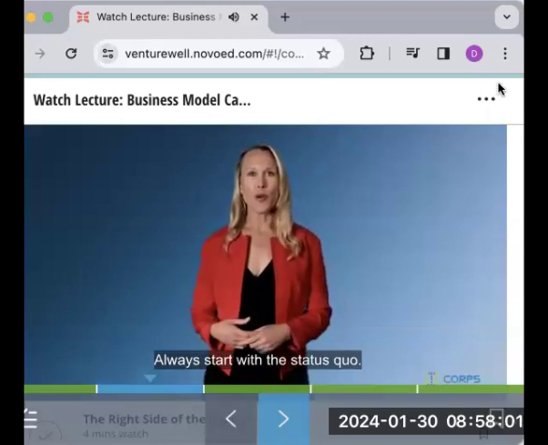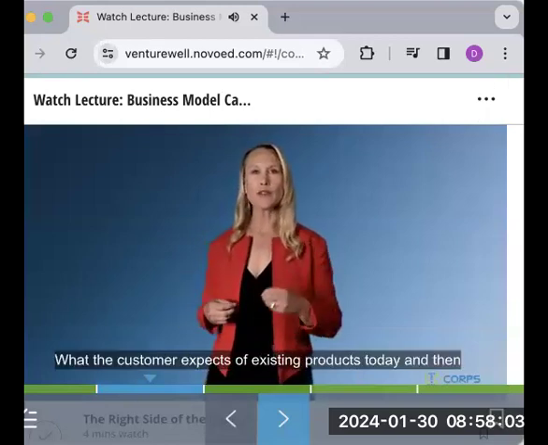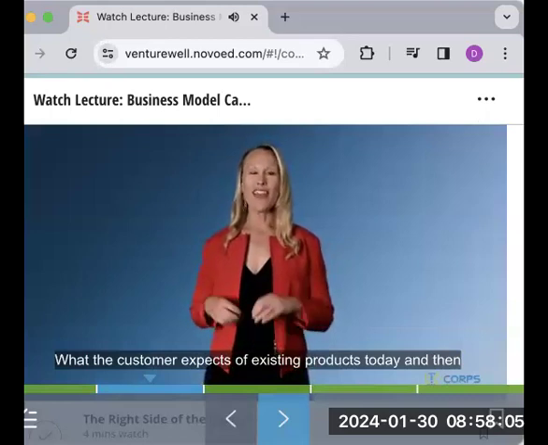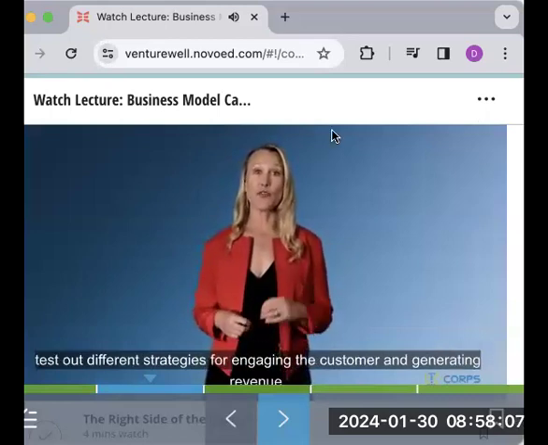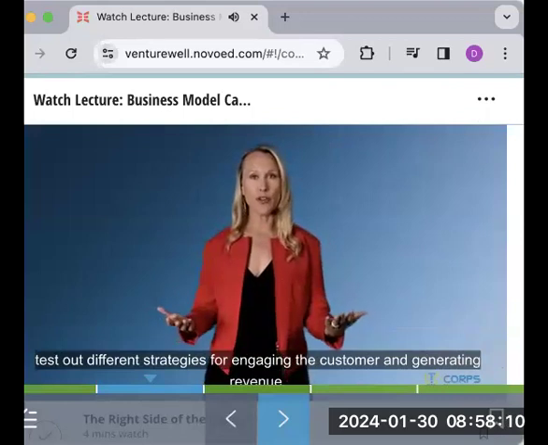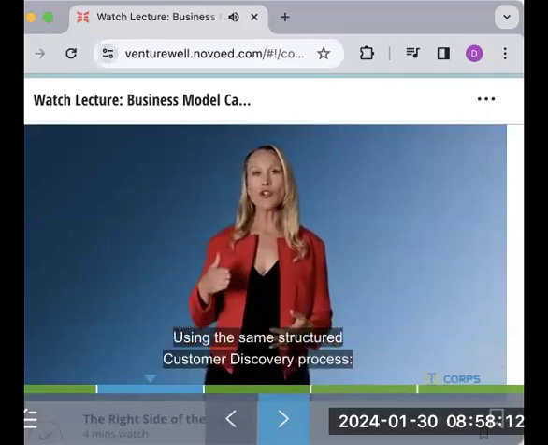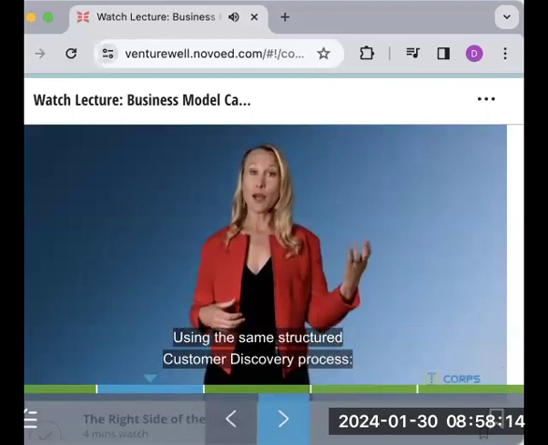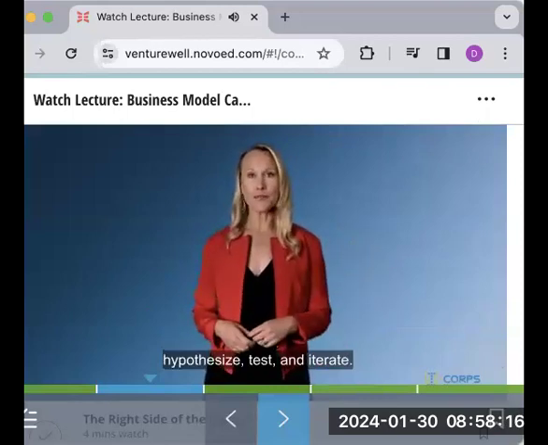Always start with the status quo, what the customer expects of existing products today, and then test out different strategies for engaging the customer and generating revenue. Using the same structured customer discovery process: hypothesize, test, and iterate.